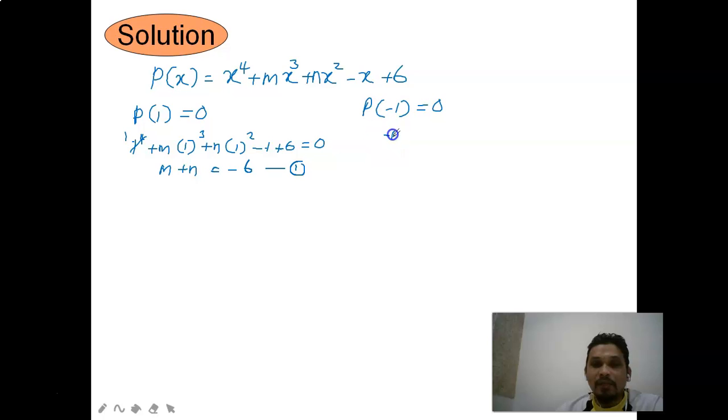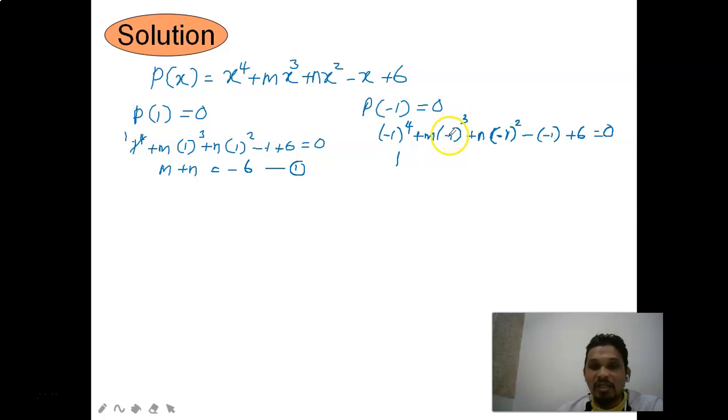Then negative 1 to the power of 4 plus m times negative 1 cubed plus n times negative 1 squared minus negative 1 plus 6 equals 0. Okay, so negative 1 to the power of 4 equals 1.